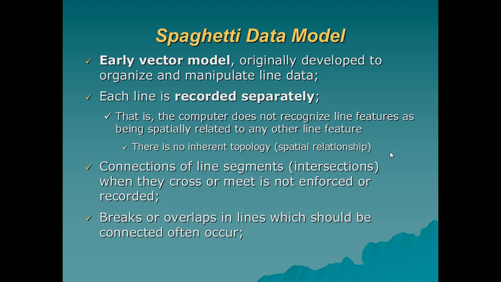So what we want to do here now is touch very briefly on a little history of that vector data model. And that history takes us back to what we call a spaghetti data model. The spaghetti data model was an early version of the vector data model, but what distinguishes it from the modern version is the fact that there is no spatial relationship between those lines, points, or polygon features.